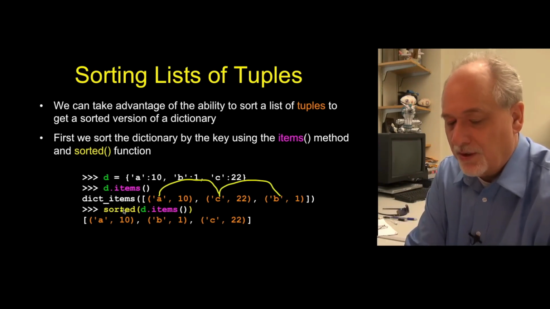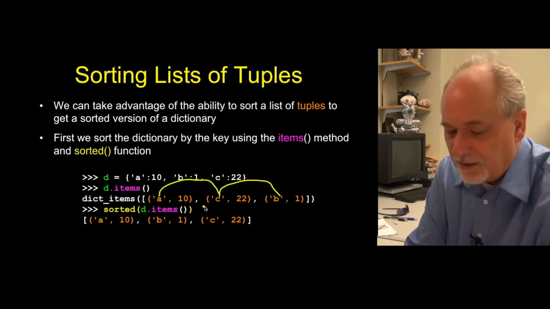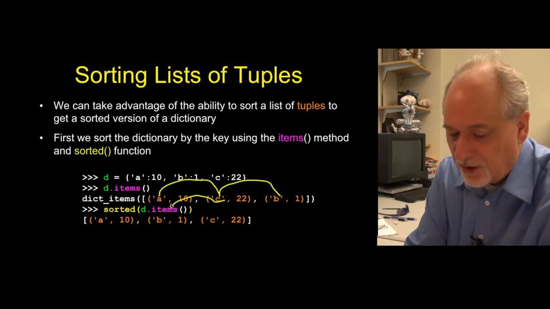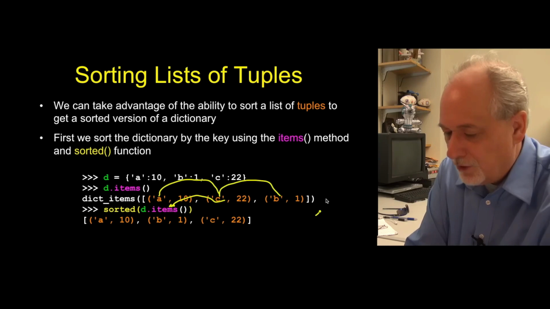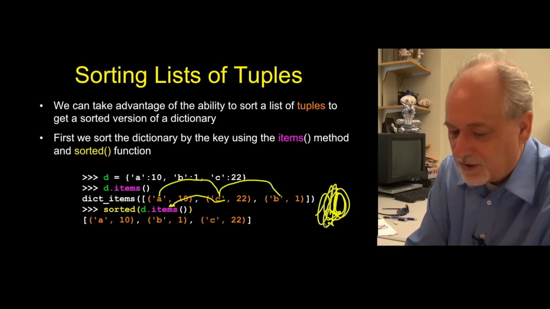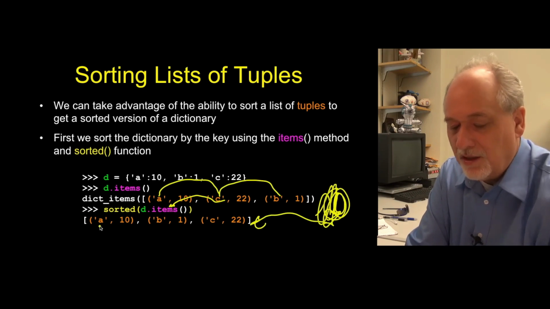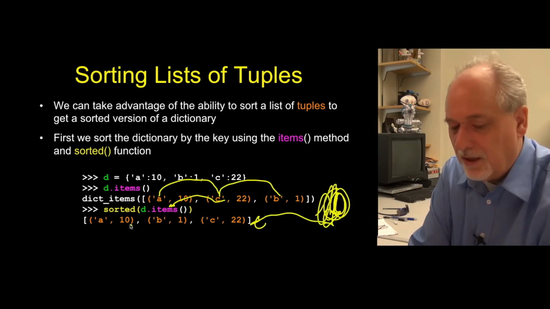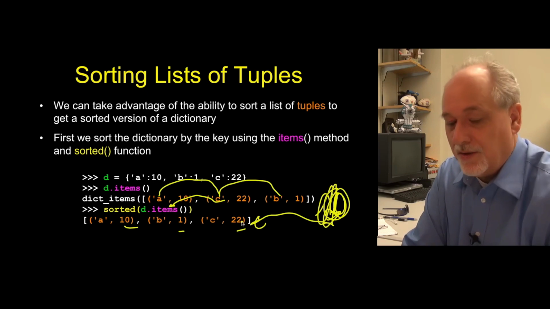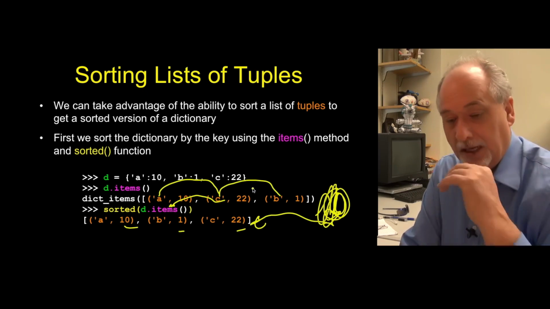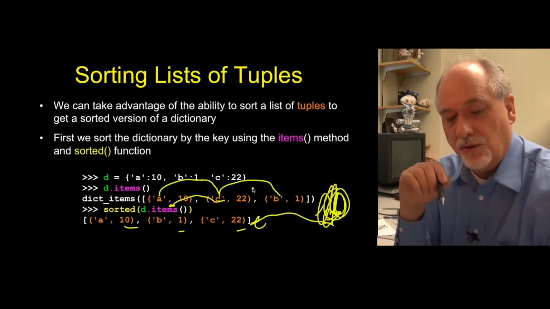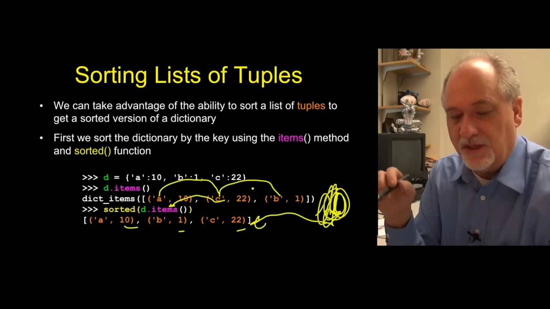So if we say sorted D items, we're passing this stuff into sorted. Sorted is going to move stuff around and then give us back a sorted version, sorted in ascending order based on key, without looking at the value. And so that's a way to see dictionaries sorted by key: just say sorted of D dot items.